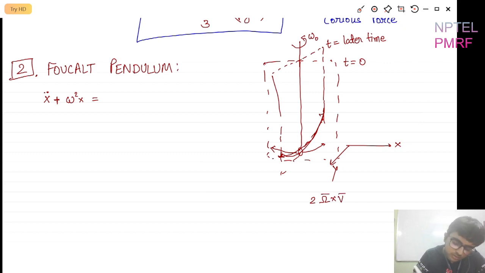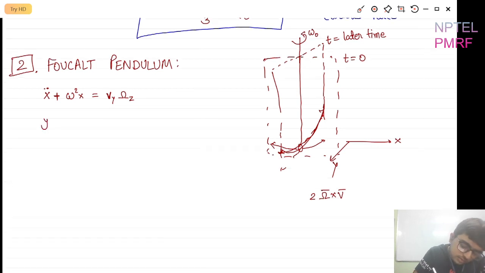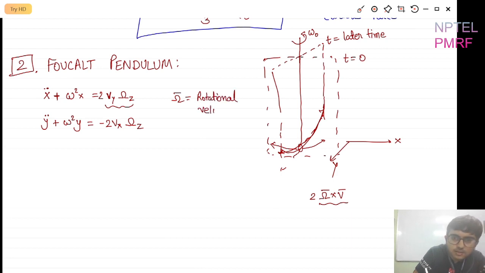So when you do it, it turns out to be vy omega z. Okay, and this is something you can calculate very easily with a factor 2. Sorry, and y double dot plus omega squared y would be minus 2 vx times omega z. Okay, omega being the rotational velocity of Earth.